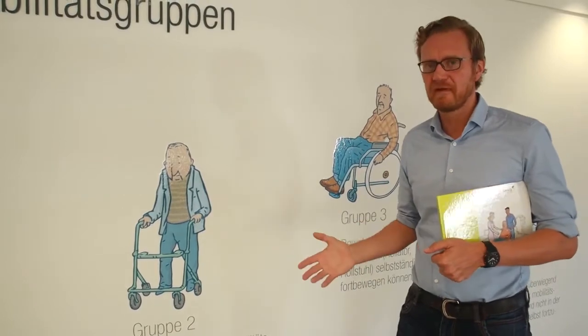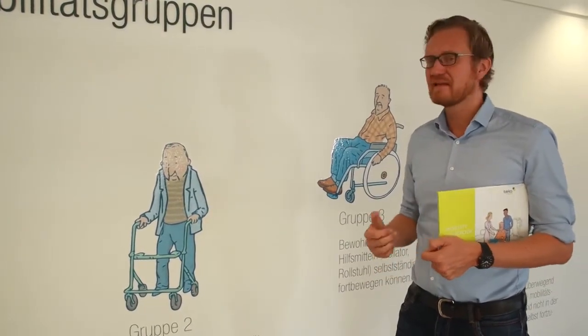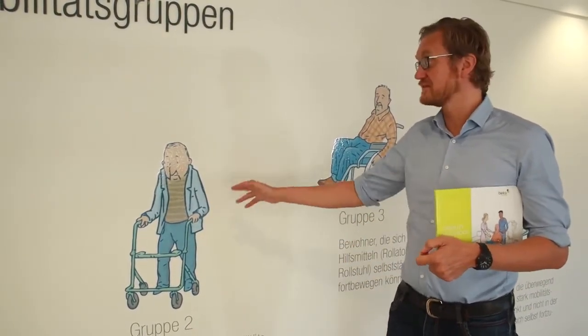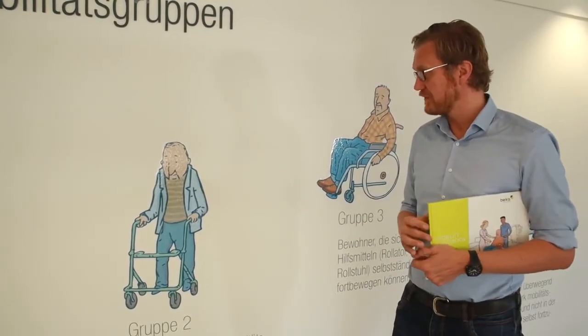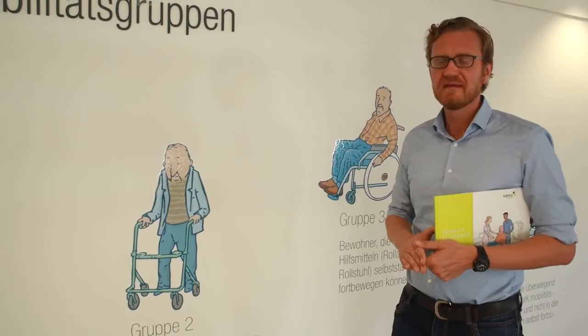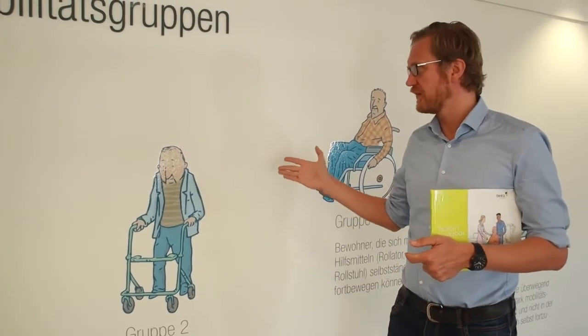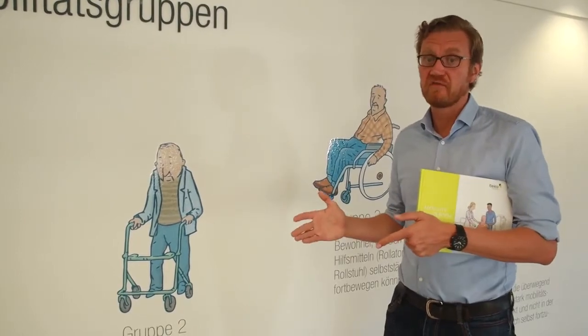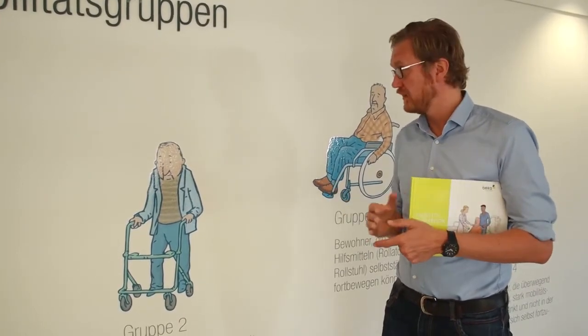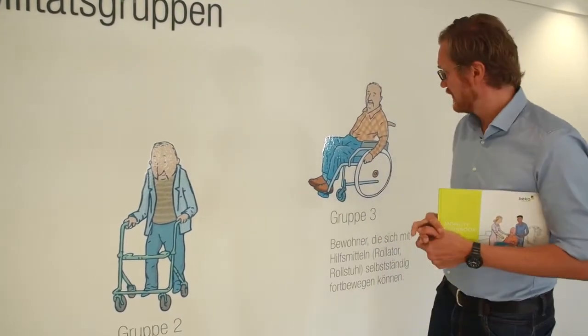He can do a lot of things on his own, and he still has some mobility left. He also still has some trunk control and trunk strength left. But he is, for example, sometimes someone who can also use a NORA in some stages of his mobility issues.